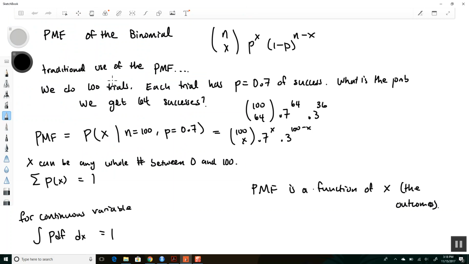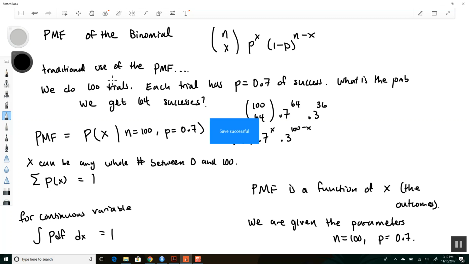The PMF is a function of x, and we are given the parameters, in this case n equal to 100 and p equal to 0.7. That's what we have. So the PMF is a function of x, and we are given the parameters.